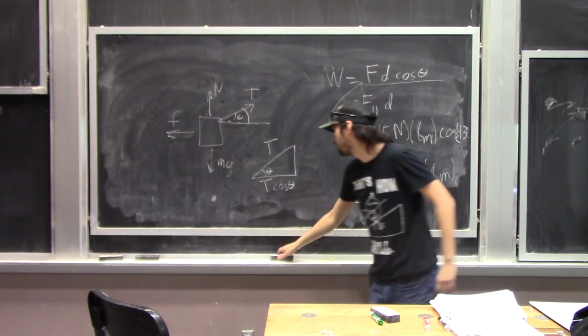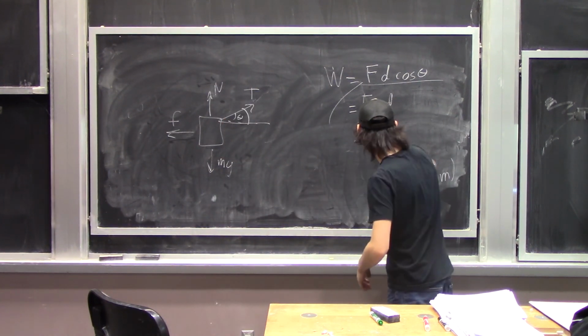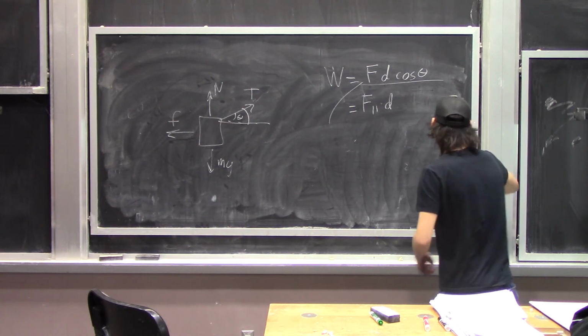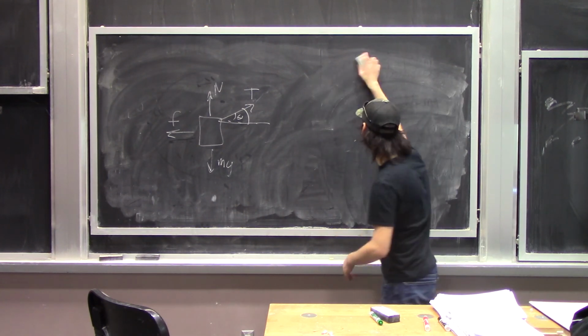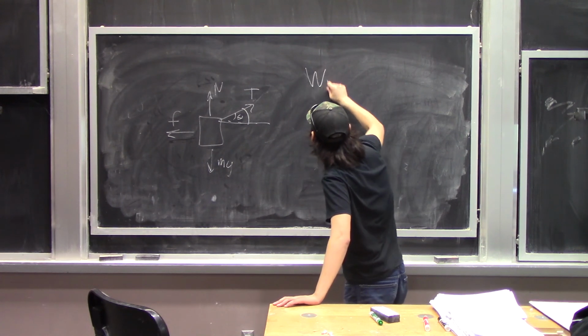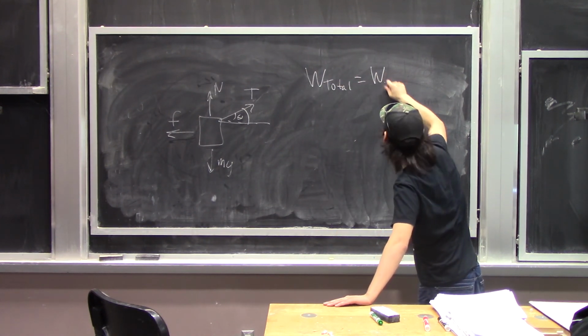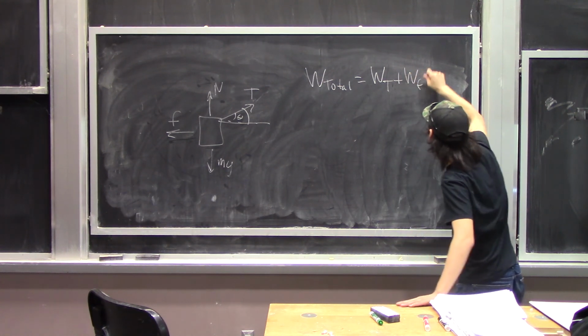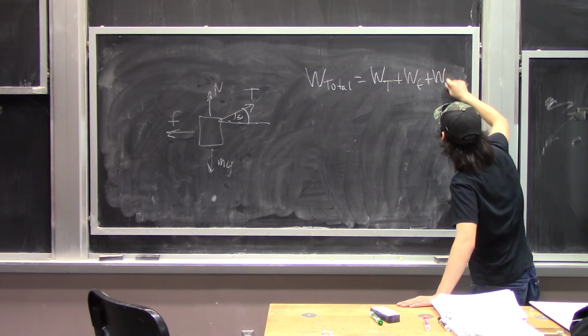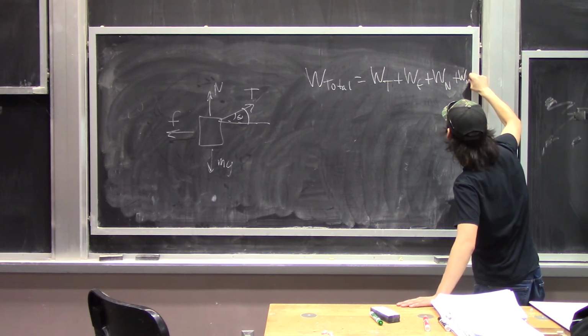We can figure out the work done by each force and then add them up to find the total work. So the total work is equal to the work done by the tension, plus the work done by friction, plus the work done by the normal force, plus the work done by the gravitational force, mg.